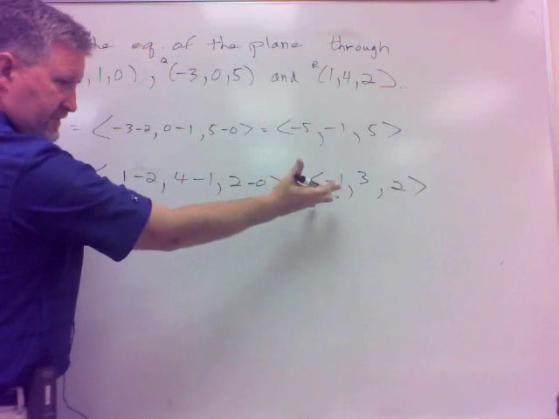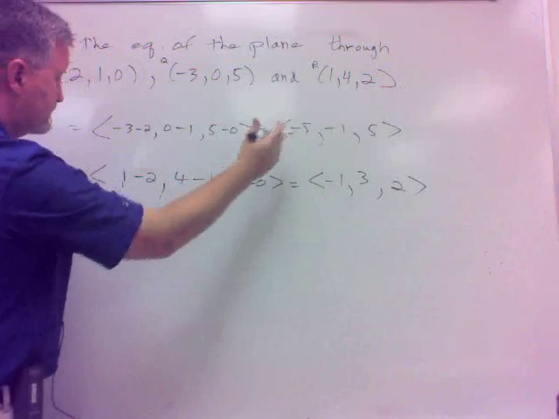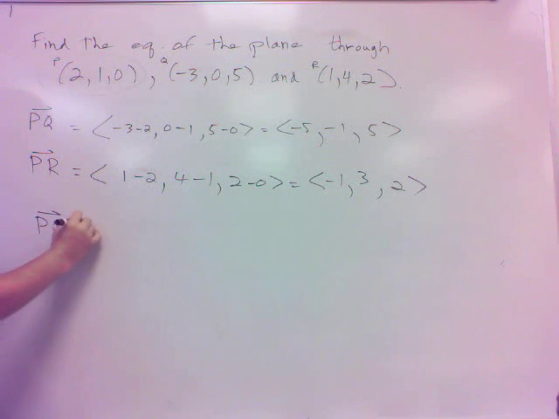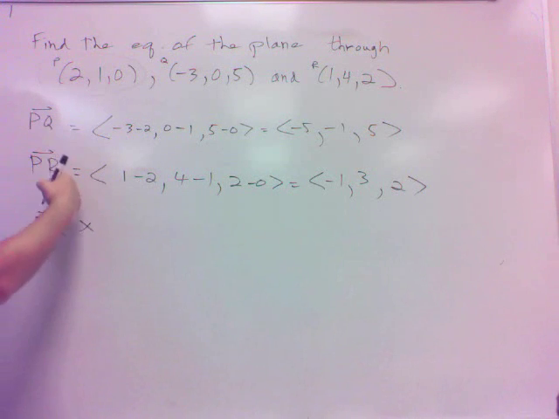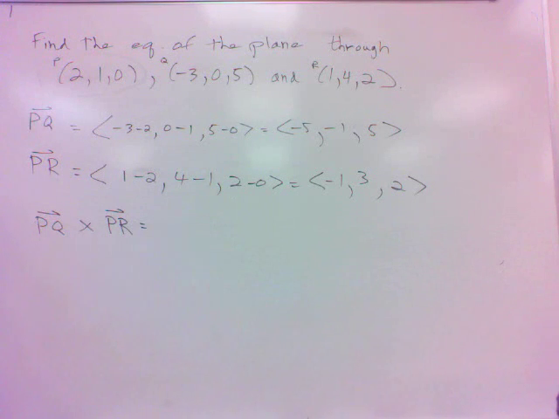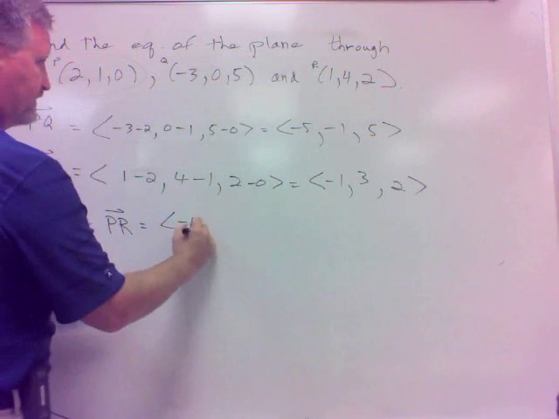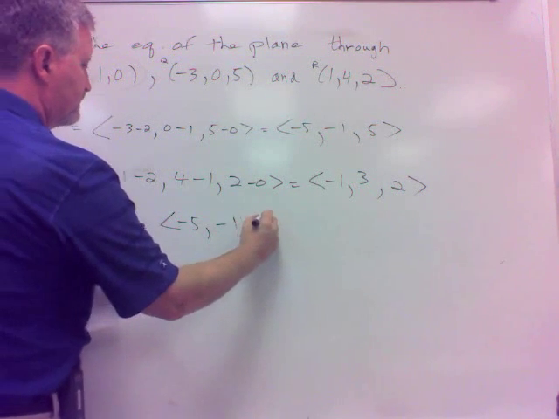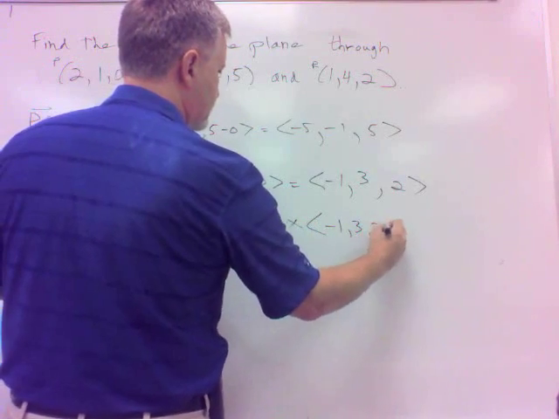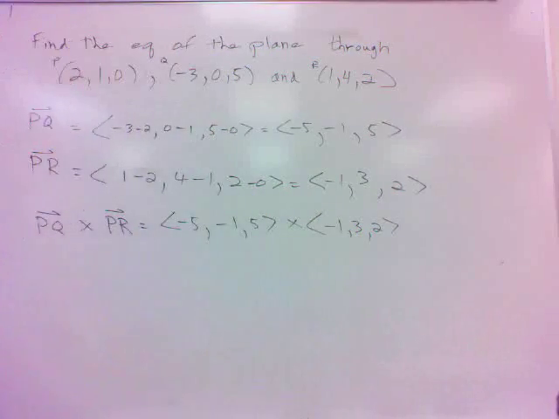The resulting vector there is perpendicular to these two vectors, which in turn is perpendicular to the plane, which means it's the normal vector. And so we do the cross product. Negative 5, negative 1, 5, cross that with negative 1, 3, 2. Remember how we do that?